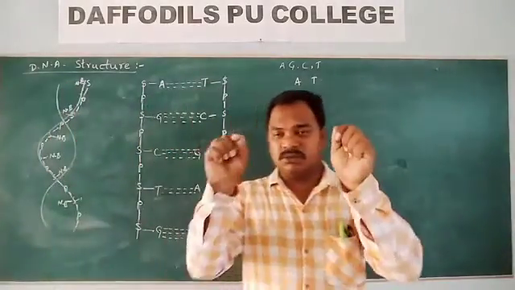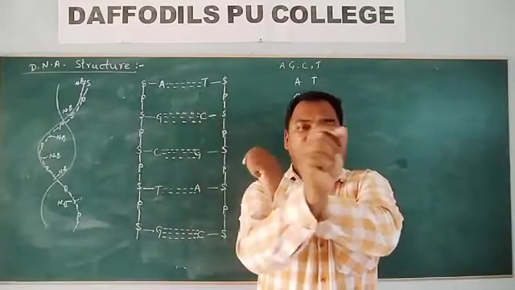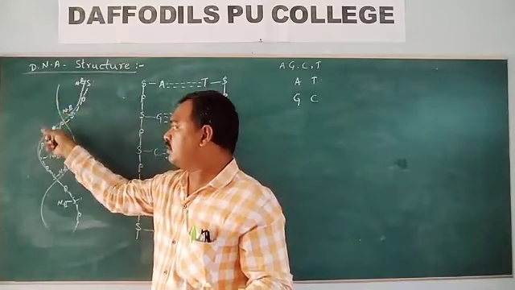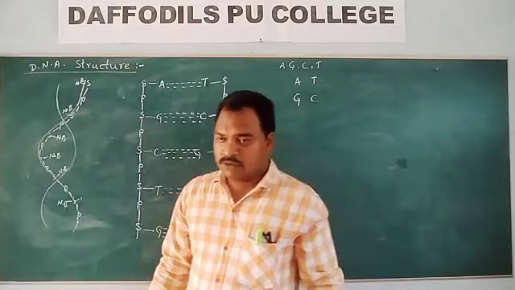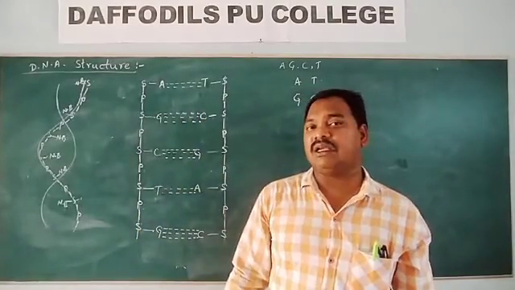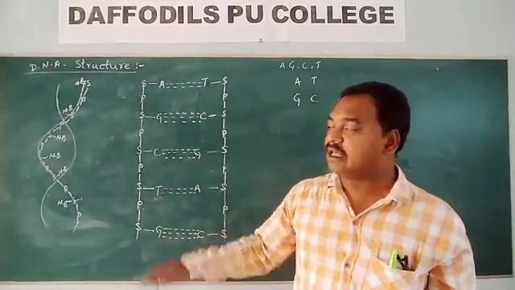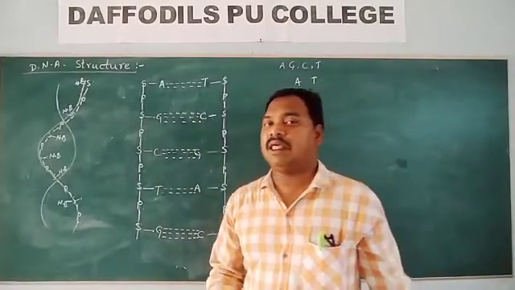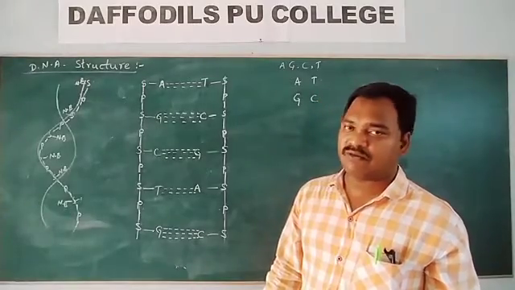Just twist in the right hand direction, then you get the helical structure of this DNA. So in DNA, what kind of twisting, what kind of helical is present? Right hand twisted helical is present, also known as the alpha helical form.